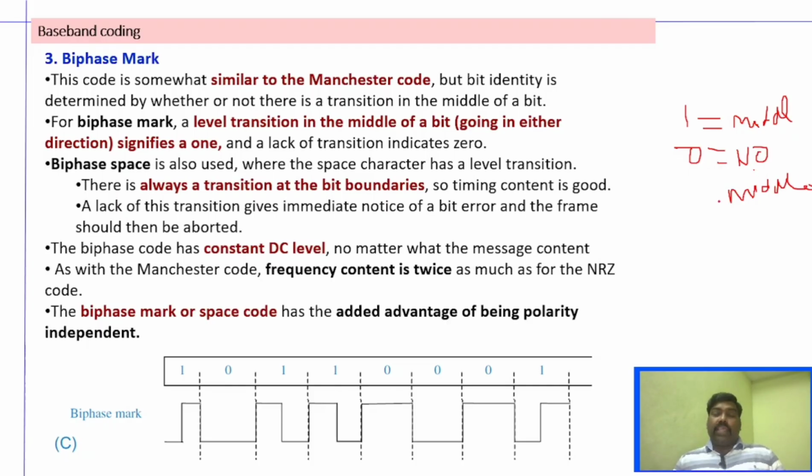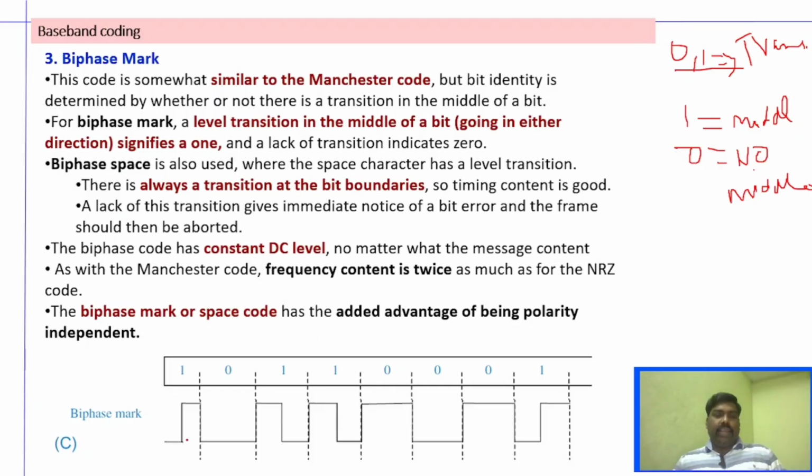And another important, very common rule: for any data, either 0 or 1, you will have a transition at the beginning. This is a bit complex, so please understand carefully. For any bit, whether it starts with 0 or 1, you will have a transition at the start of the bit. For 1, you will have a second transition in the middle of the bit. For 0, you will not have any transition.